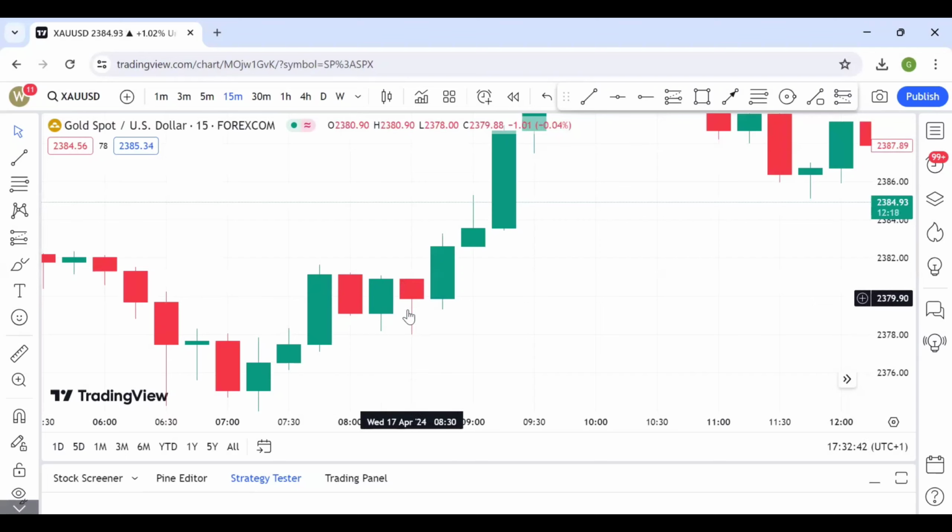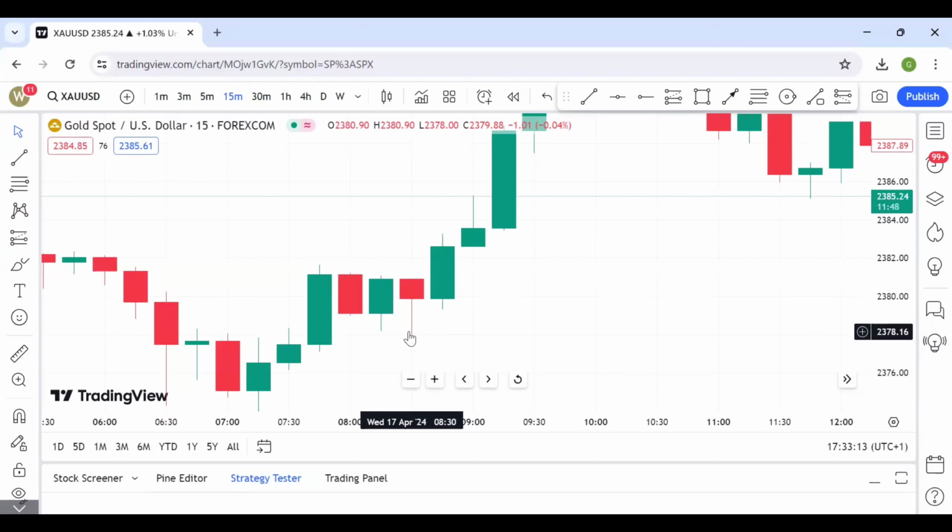The strength of a hammer candlestick pattern depends on the length of the wick. If the wick is very long, it signifies bullish pressure. The small body indicates that the opening and closing prices are fairly close to one another.